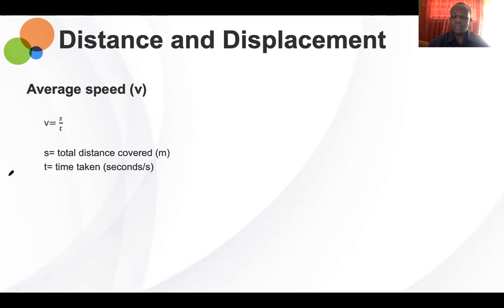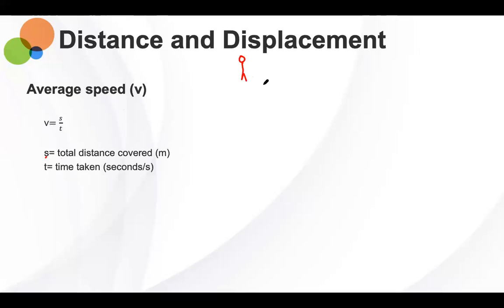We have a formula here which represents the average speed. It says that the total distance covered, which is our S here, is divided by the time taken to complete it. So bear with me. If Usain Bolt is running 100 meters, he does that in, I think, 9.8 seconds.